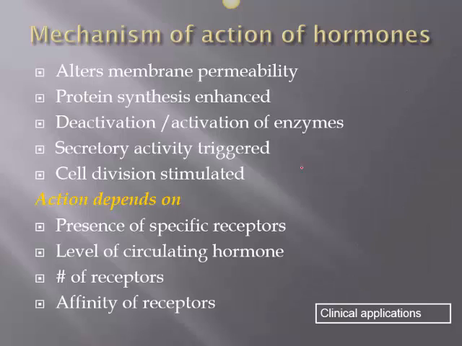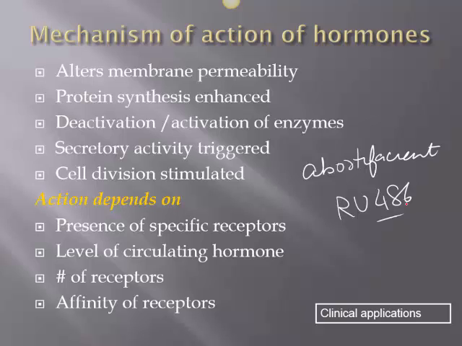The other clinical application we can use is that when we know about the affinity of receptors and how they can interact with particular hormones, one of the drugs we use is an abortifacient drug. This abortifacient drug is known as RU486. It first came out in Europe and then the FDA approved it here.